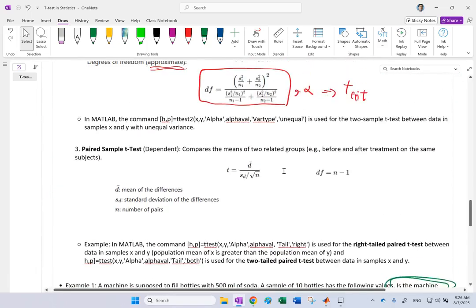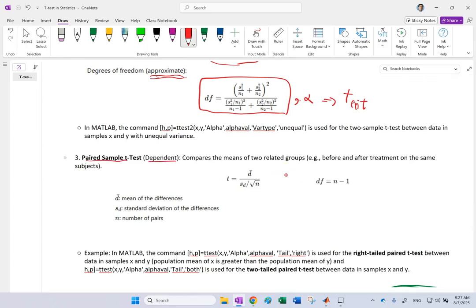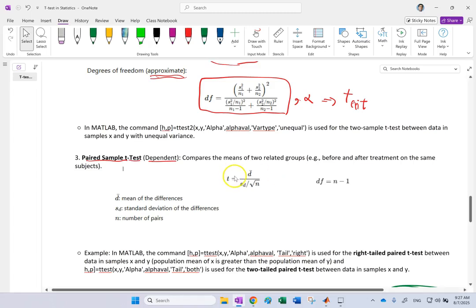So the last part that we need to look at is called paired t-test or dependent t-test. Here you have two groups of data, but they belong to the same subject. You have two samples, you have two sets of data, but not from two separate subjects. They are from the same subject.